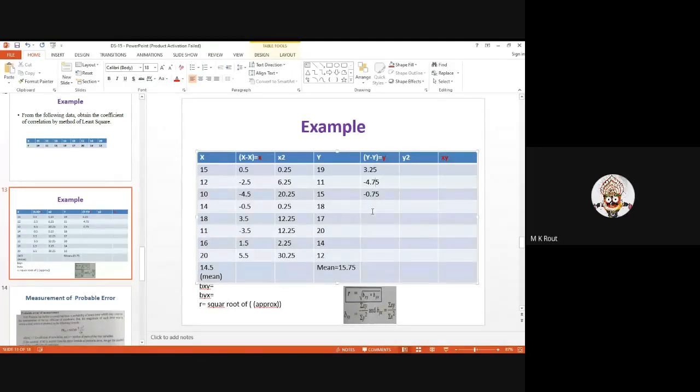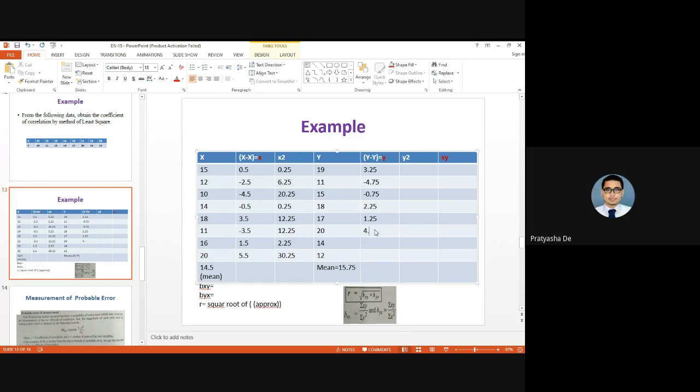Okay. Next one is 18 minus 15.75, 2.25. Moving to the next one, 17 minus 15.75, 1.25. Okay. Moving to the next one, 20 minus 15.75, 4.25.